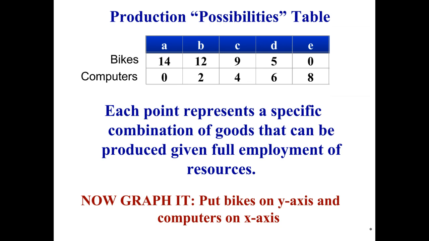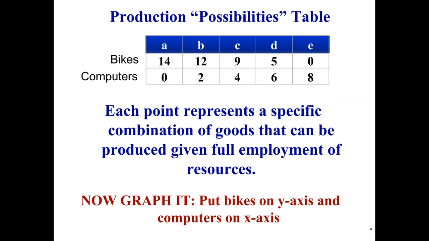Starting to see a trade-off? I hope you are. If you move to point C, bikes goes down again to 9 and computers rises to 4, and so on and so forth. So in a sense, you're going to see that this table represents, once again, 2 goods, and it's the various combinations that these goods can be produced given that all of our resources are being fully employed.